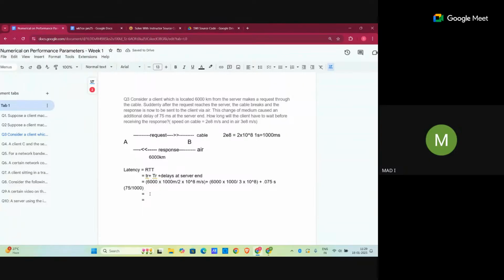Now this will be equal to, 2 threes are 6. This will go to the numerator, 10 to the power minus 8, and this is 10 to the power 6. So this will be equal to 3 into 10 to the power minus 2, or we can also write it as 30 milliseconds, plus, here 3 twos are 6. First I will write it in seconds, otherwise it will cause confusion.